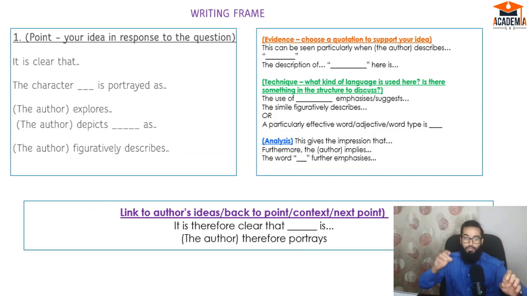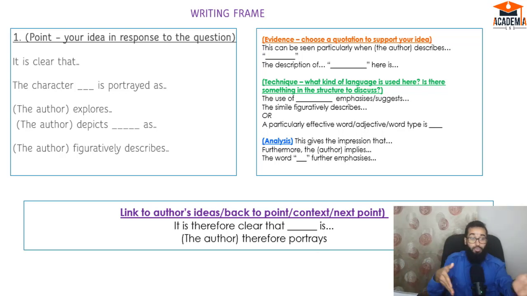Number one, point. I want you to state your point, your idea in response to the question. What is your point? You can start off by saying, it is clear that the writer, and keep going. This character is portrayed as, and keep going. I'm just giving you examples. You can use something different as well.